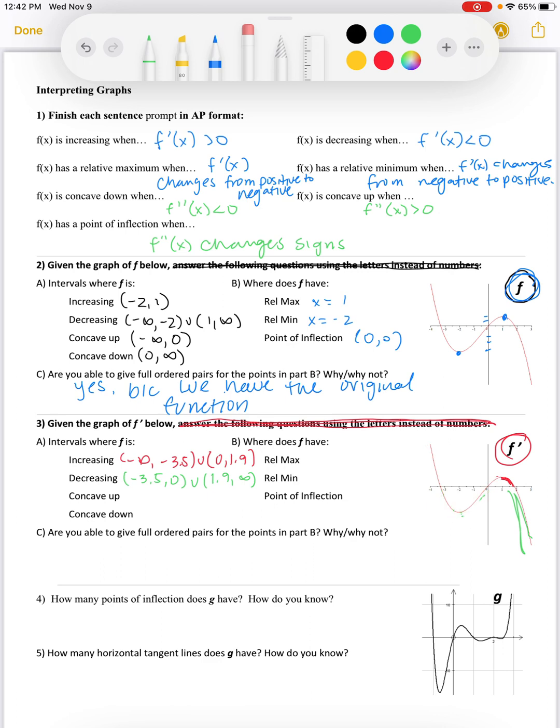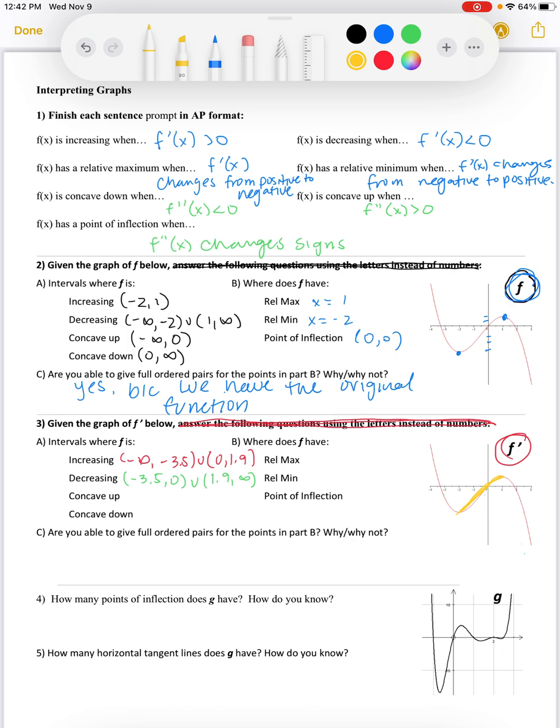Right. So the first derivative graph, when you're looking at increasing and decreasing, we're looking at the signs of that first derivative to tell if it's increasing or decreasing. If we're going to look at our concave up and concave down, then we're going to be looking at the slopes. And when the slopes are positive, that's when it's concave up.